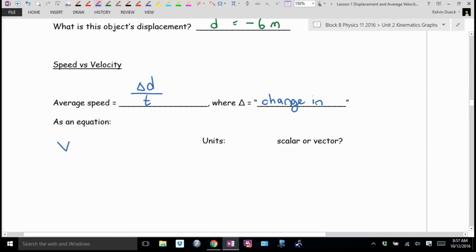The symbol for velocity without a vector is speed. My abbreviation for average is that as a subscript. There is a symbol for average, a horizontal line, but that looks so much like the vector symbol from the back of the room, I tend not to use it. I just do a subscript of average instead. And that equals the change in distance over time.